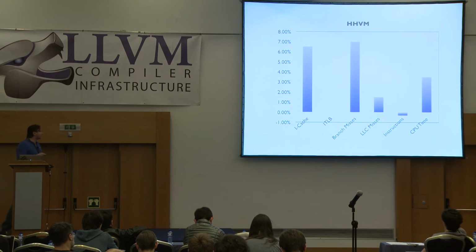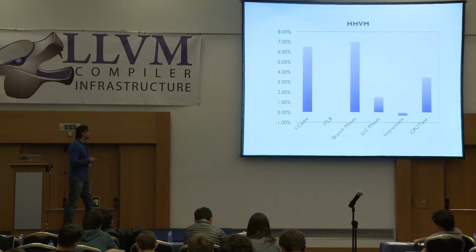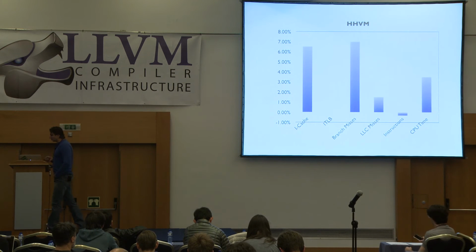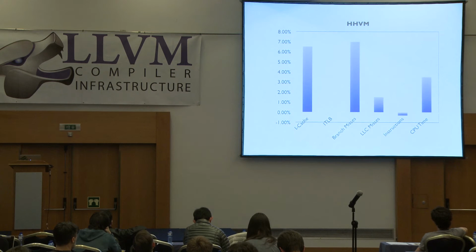There is a little improvement in instructions, probably because our hot paths have fewer branches now, and a tiny improvement for last level cache. The CPU time improvement is 3.5%, which again may not appear as much, but for a binary that's already optimized, it's quite a good achievement.